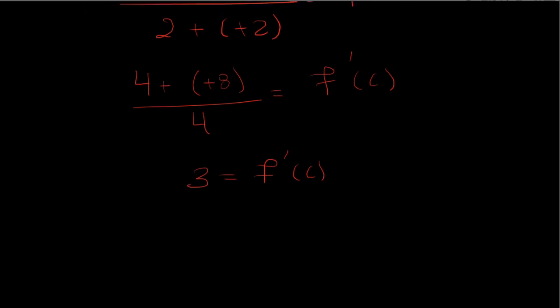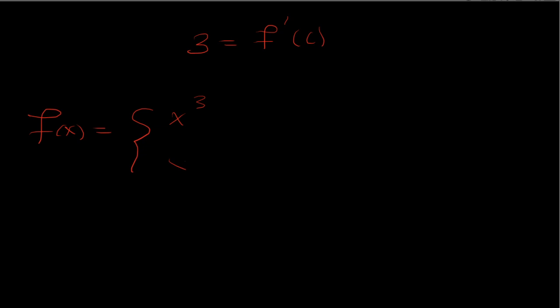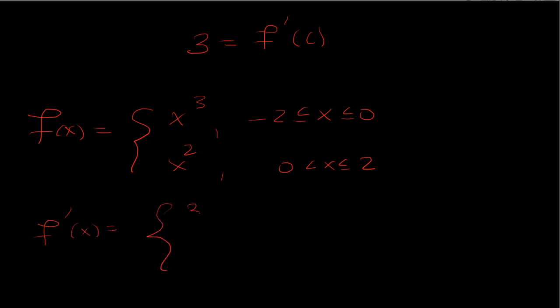But now we have to be very careful. We said f of x is a piecewise function, so whenever we take the derivative, we'll have to consider two cases: the derivative of x cubed and the derivative of x squared.